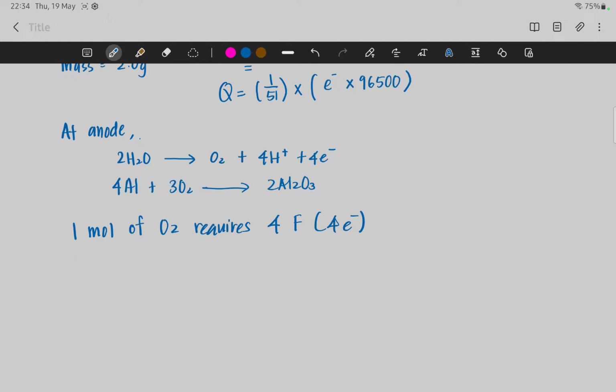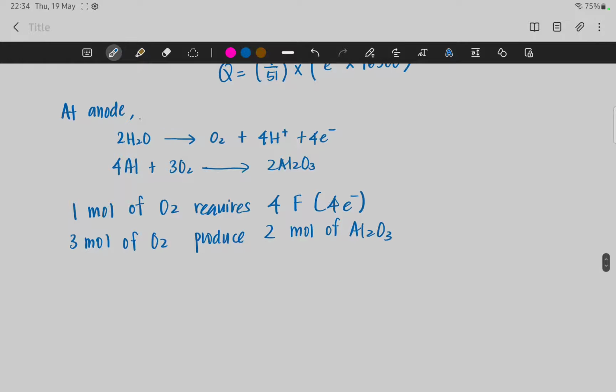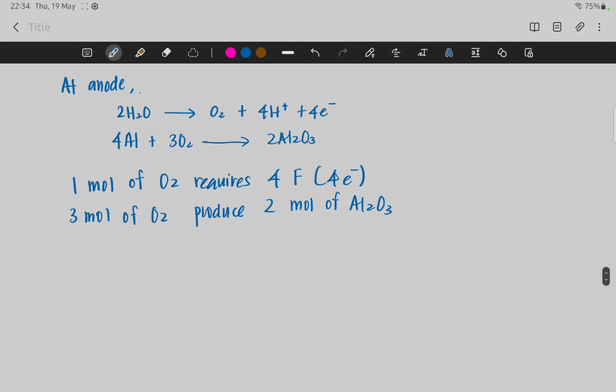Alright, and then you have 3 moles of O2 producing 2 moles of Al2O3, the oxide layer. So you need to identify how many moles of O2 we have to use to produce 1 mole of Al2O3.